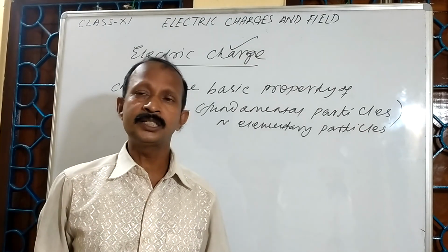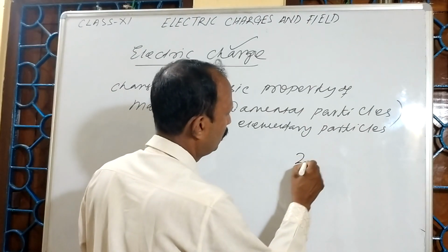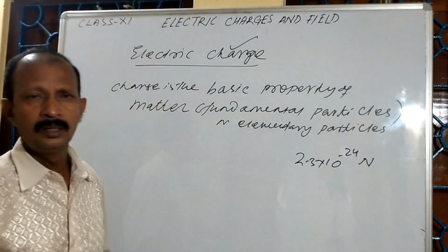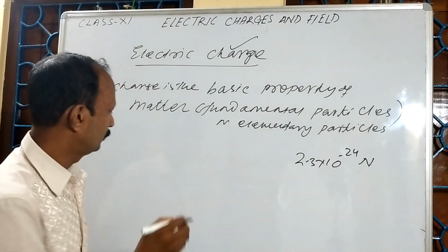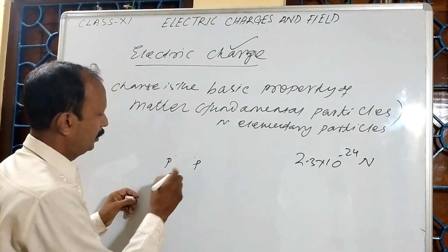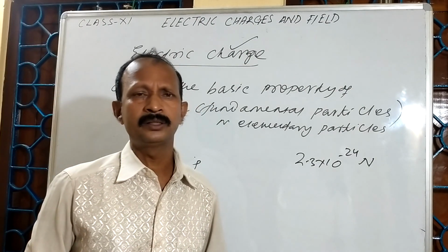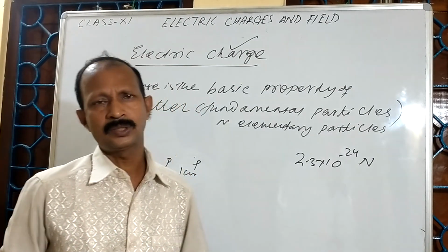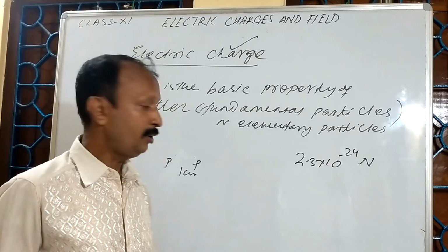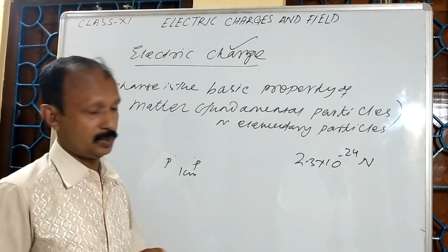I said if the distance is 1 centimeter, the force is 2.3 into 10 to the power minus 24 Newton. What about the proton? Similarly, here is a proton, here is a proton. The distance between them is 1 centimeter. They will also attract with a gravitational force, the same as the electrons.